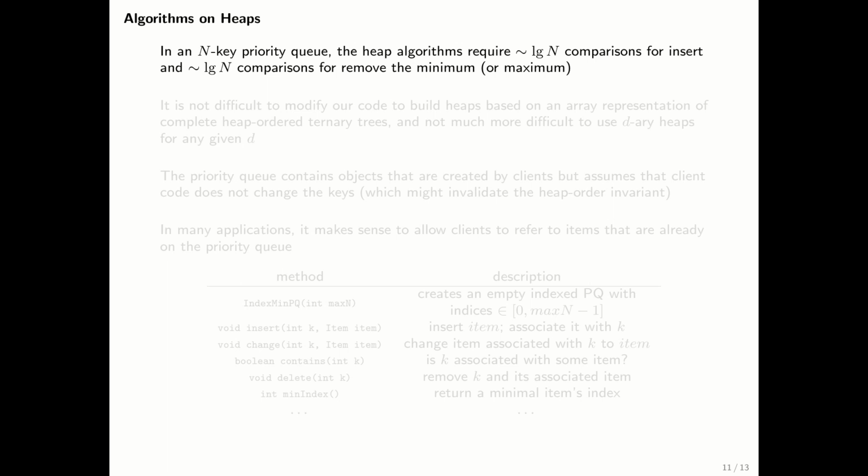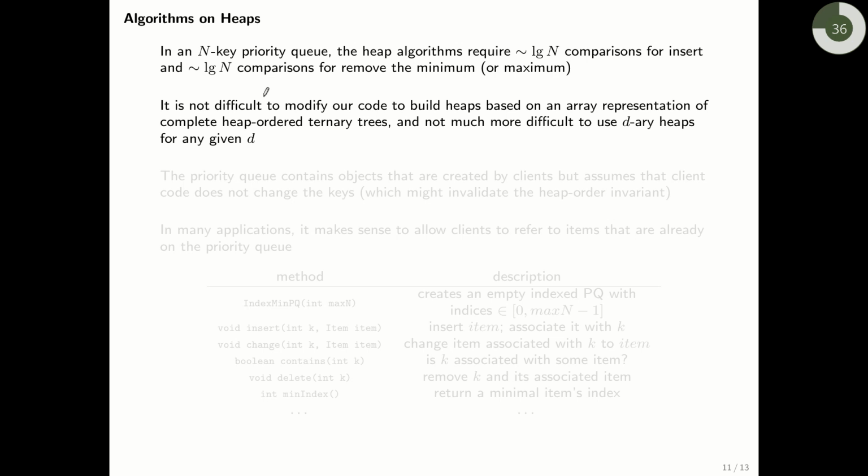Well, we already have some idea on what that is. So in an n-key priority queue, meaning a priority queue having n keys, the heap algorithms require approximately log n comparisons for insert and approximately log n comparisons for remove the minimum or maximum. So these two fundamental operations, insert and remove the minimum or maximum, are logarithmic operations.